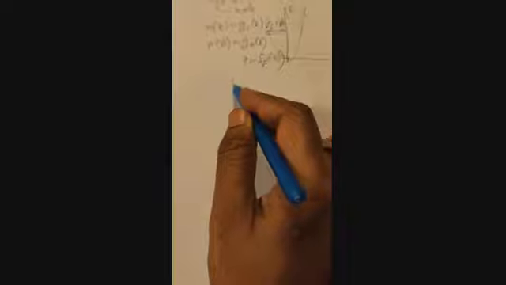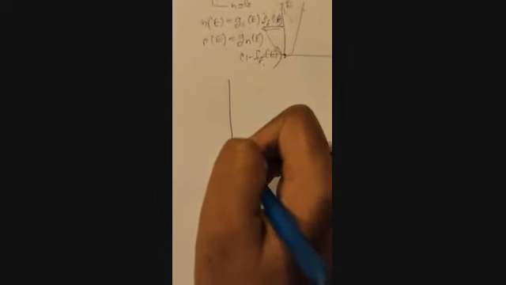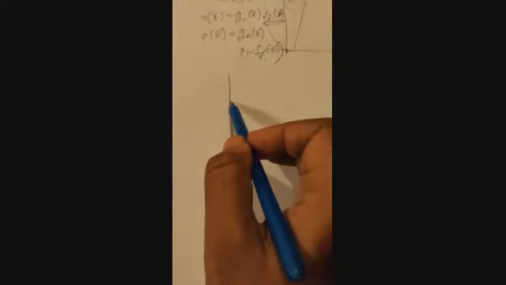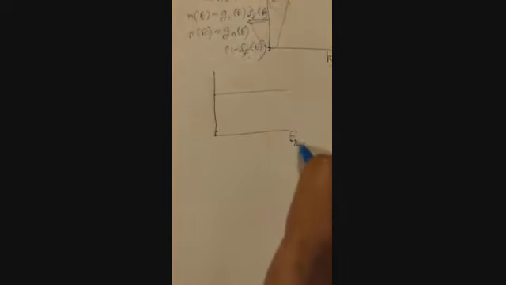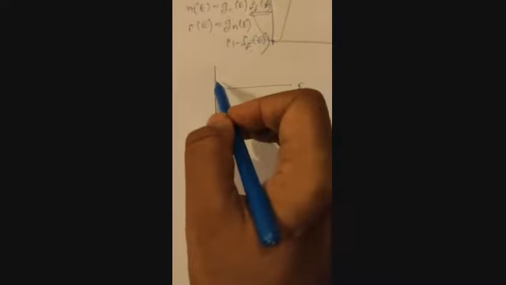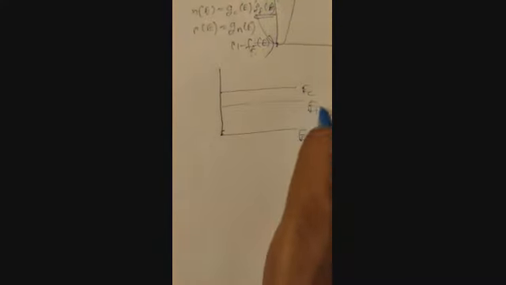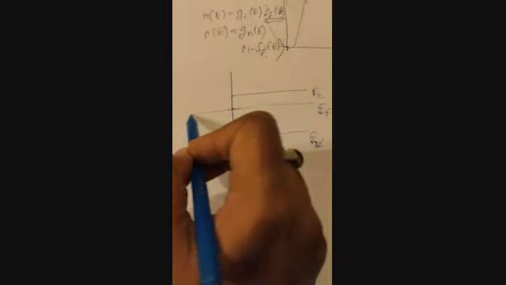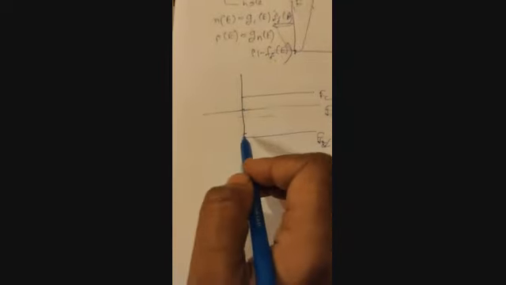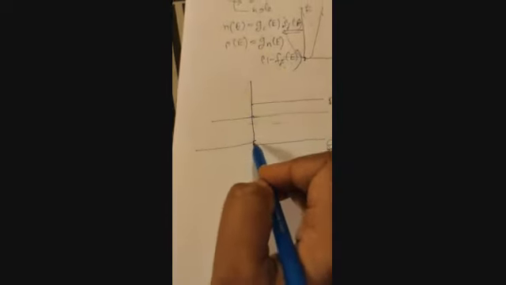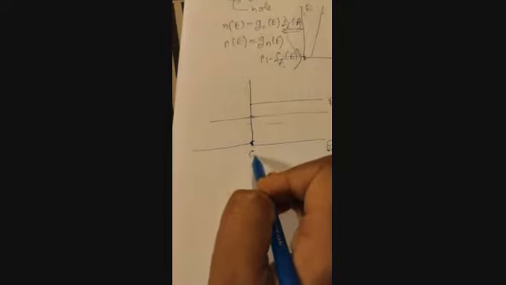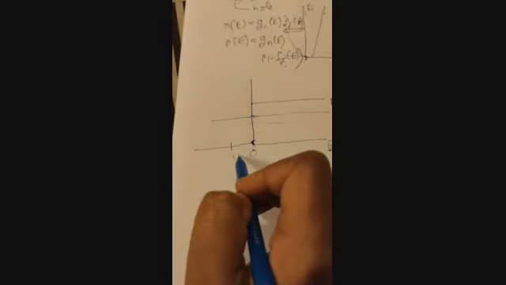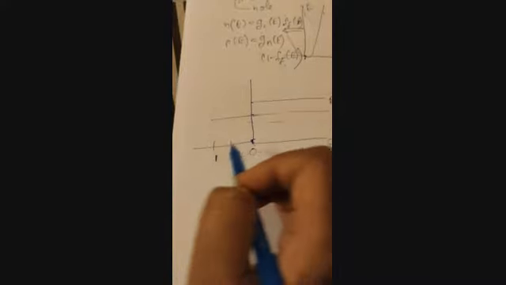So I have drawn one diagram like this one: conduction band, valence band, and Fermi level, intrinsic. And after that, if I merge it with the Fermi-Dirac function, then 0, 1 by 2 and 1.